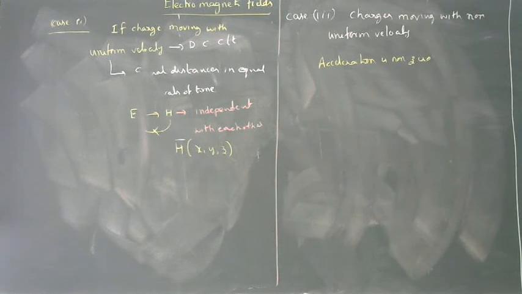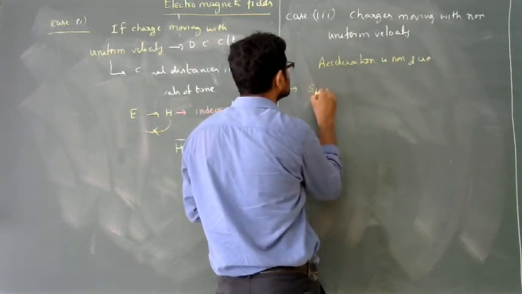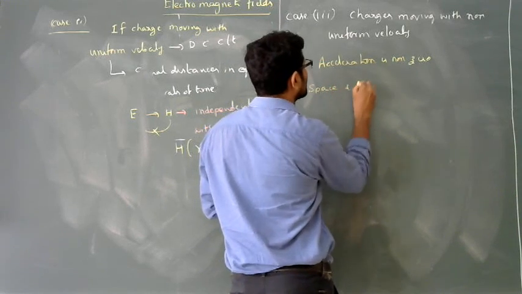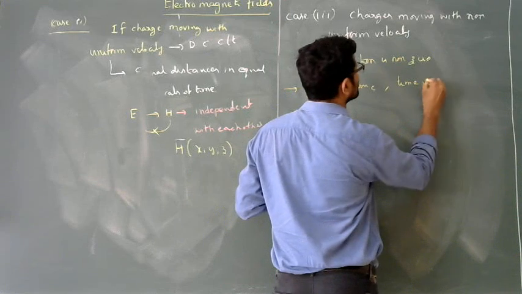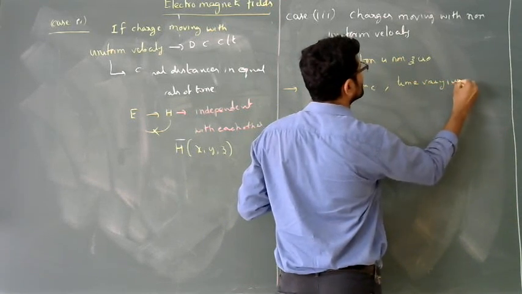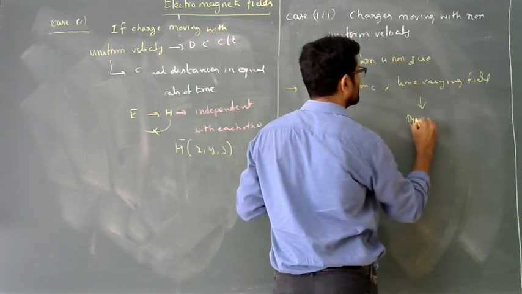If charges are moving with different velocity, then charges are moving with respect to time and space, hence time varying and dynamic fields will exist. If charges are moving with respect to space and time, the existing fields are called time varying fields. These are also called dynamic fields.